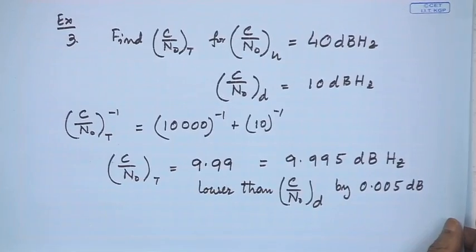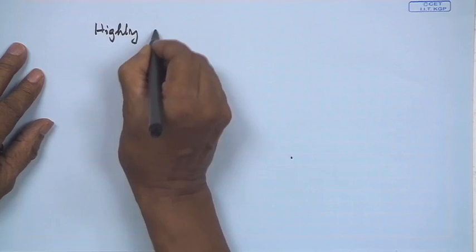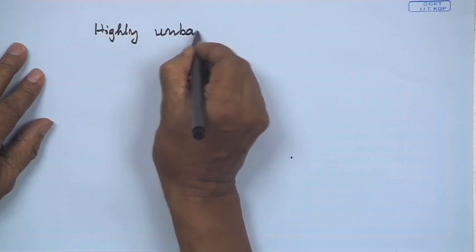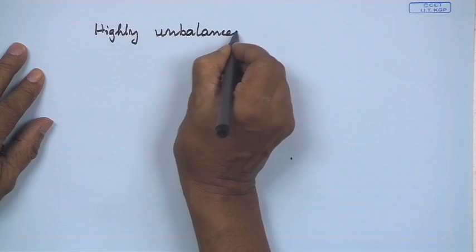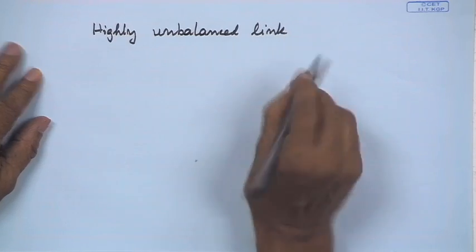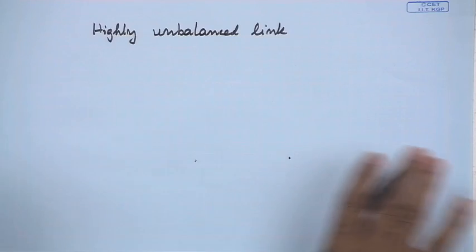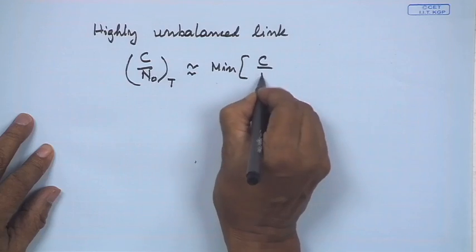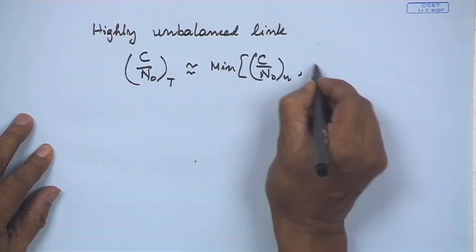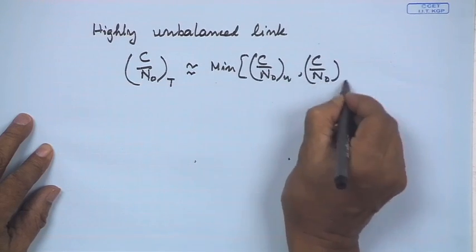So, that shows that for a highly unbalanced link, where uplink and downlink C by N naught vary by 1000 times, 10,000 times or more, then C by N naught total will be approximately equal to the minimum value of C by N0 up and C by N0 down.